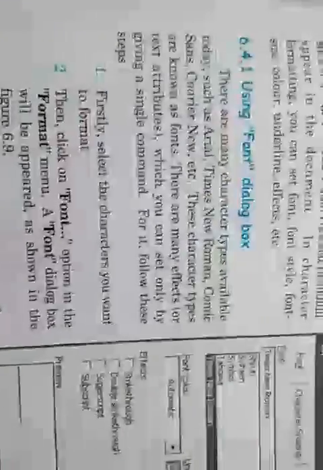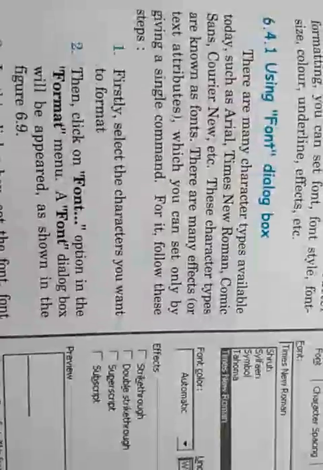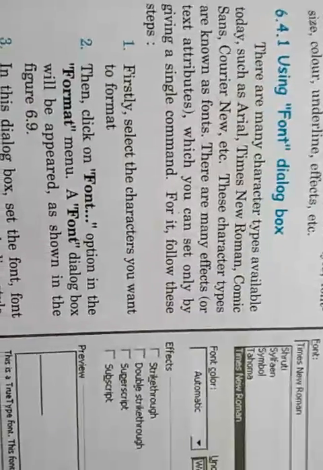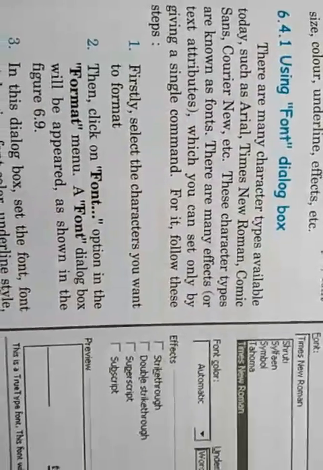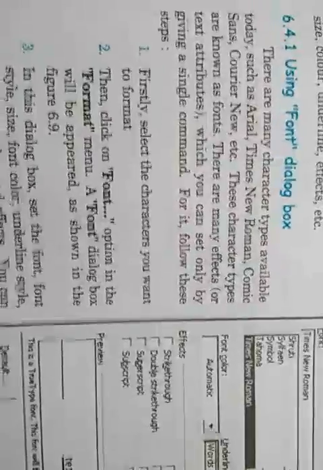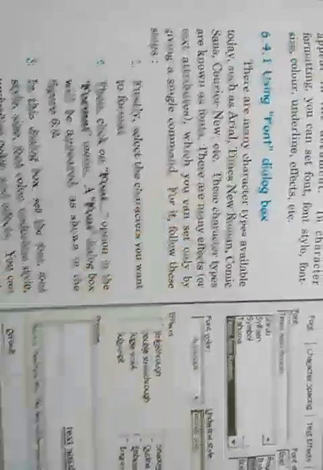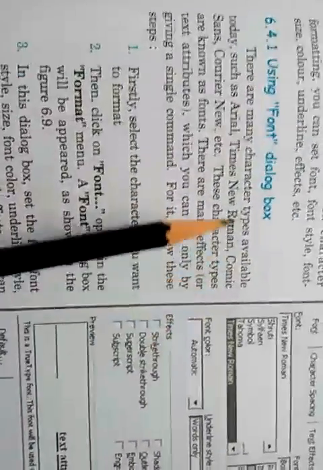There are many ways to format your document using a toolbar, or we can also perform it with the help of dialog boxes. Here I am first describing the font dialog box.